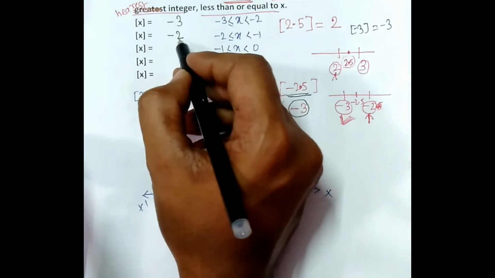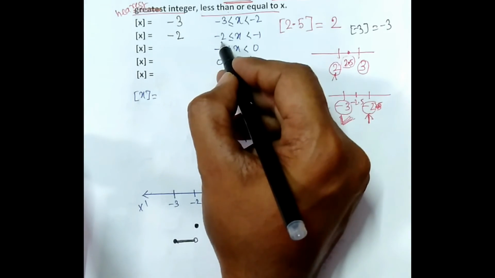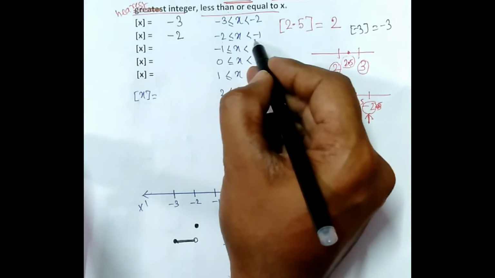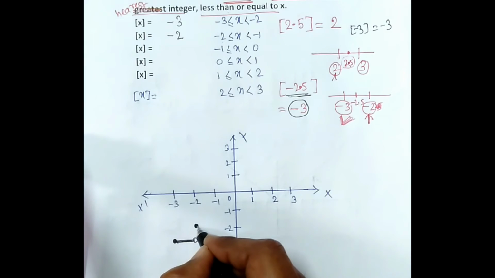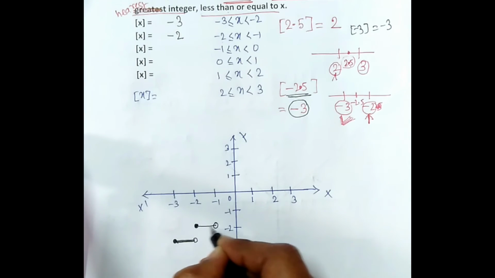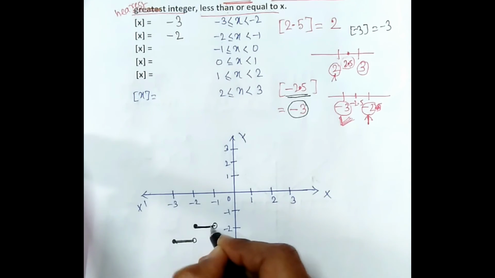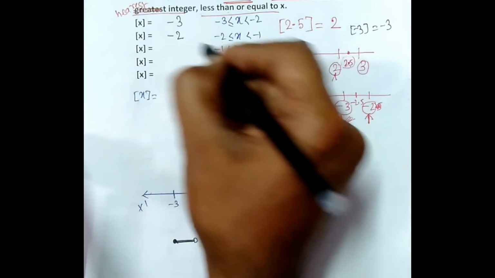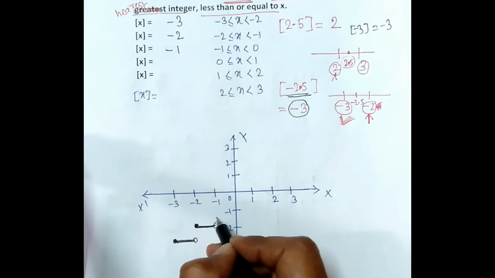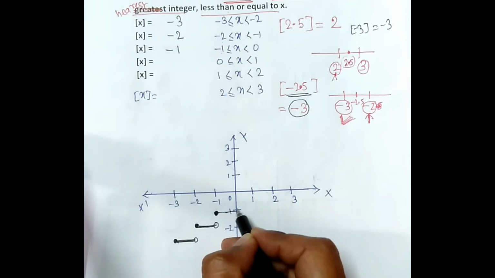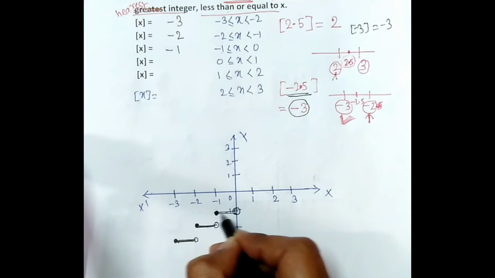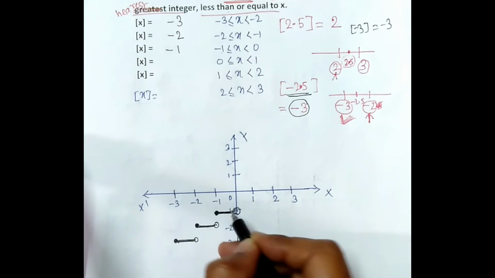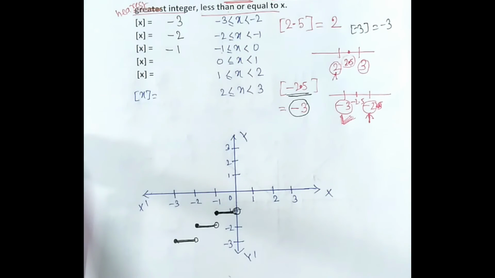That is, box of x equals minus 2 in the range minus 2 less than or equal to x less than minus 1. Similarly, in the range minus 1 less than or equal to x less than 0, the value will be minus 1. This point is included and the point 0 is excluded, and along this range the values will be minus 1. Clear?